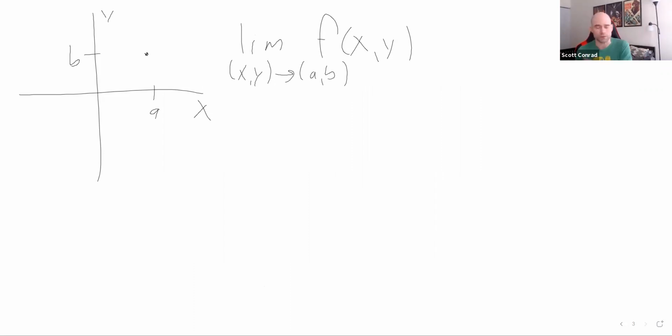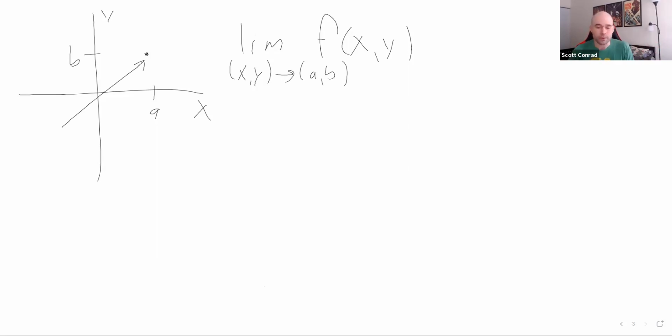So the same thing is true. We want to take every possible way we can. So we look at a path that approaches the point (a, b). Suppose we travel along this path here and approach (a, b).